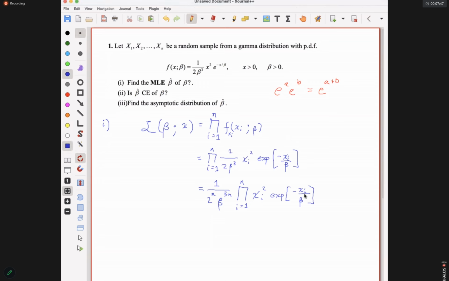Okay, so what I've got right now is like exponential of negative x1 over beta, exponential of negative x2 over beta, and so on up to n. And so how can I combine these?